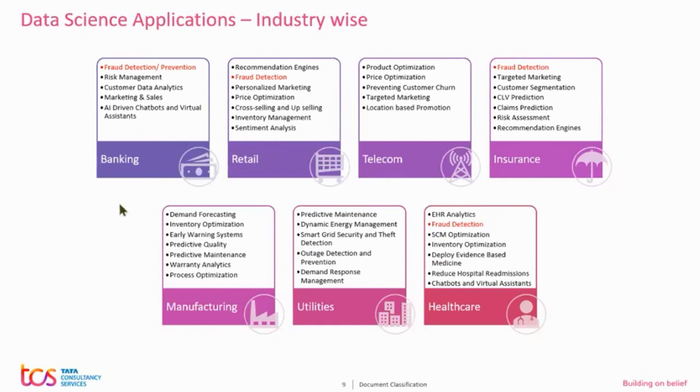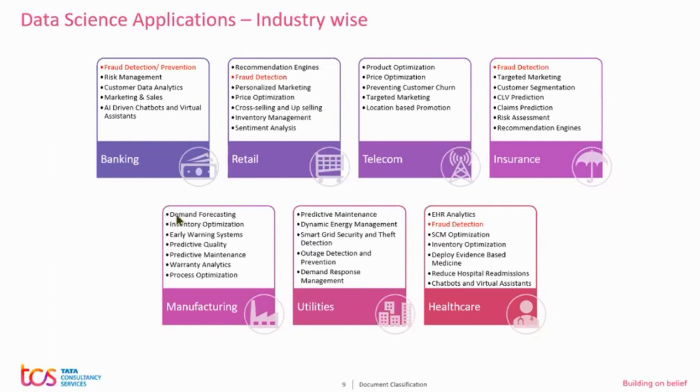Then manufacturing. The manufacturing industry is basically a broad based industry which deals with manufacturing of anything, starting from your medicines to your automobiles or your airplanes. Anything related to converting a raw material to a finished good is where you talk about manufacturing.